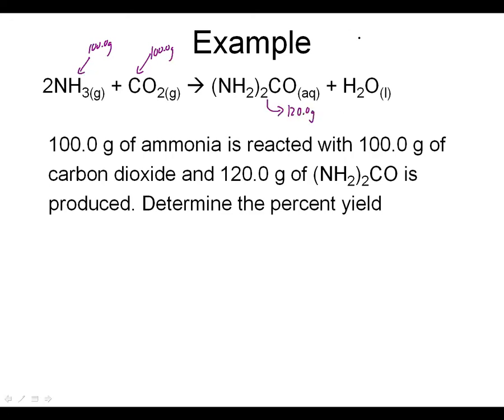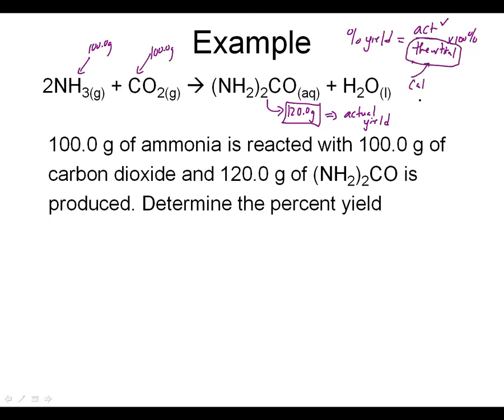And we want to know the percent yield, which is our actual divided by our theoretical times 100%. So when we see this number, this is actually what we produced when we did it. So this is our actual yield, which is typically given to you in the problem. That means in order to calculate the percent yield, we do need to calculate the theoretical. So that is going to involve a calculation.